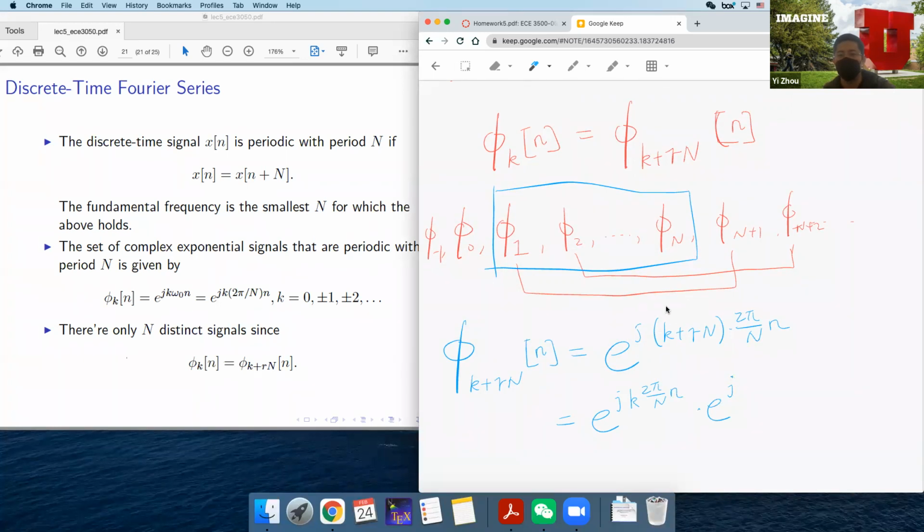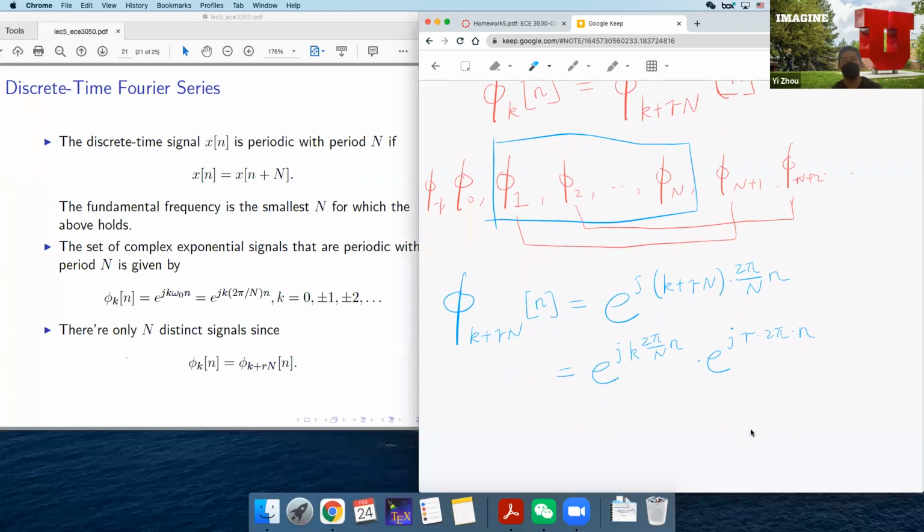The first part only considers k, and the second part involves rN. But in rN, this capital N cancels with the denominator, so we have e^(j r 2 pi n), and what remains is exactly phi_k.